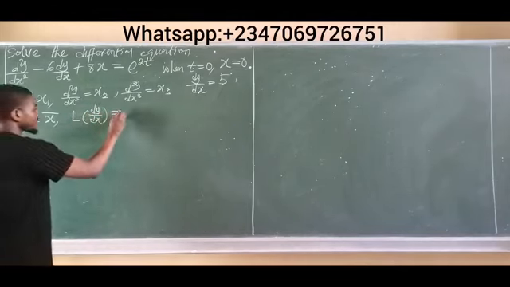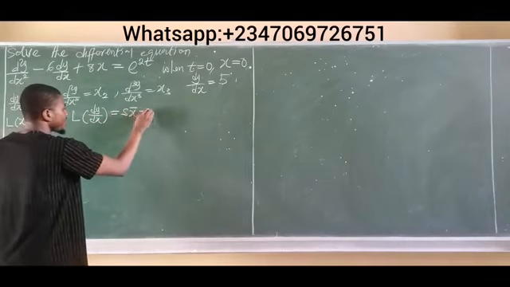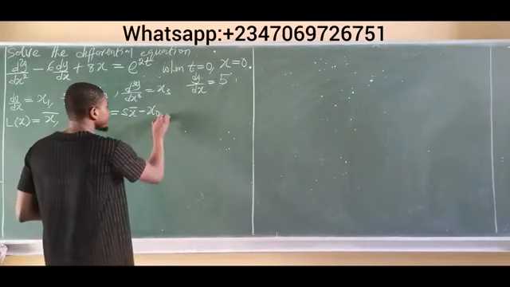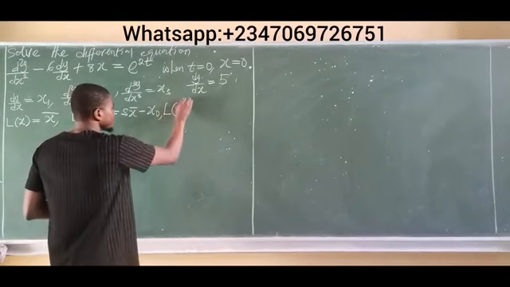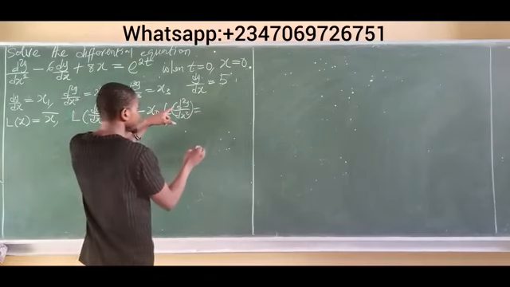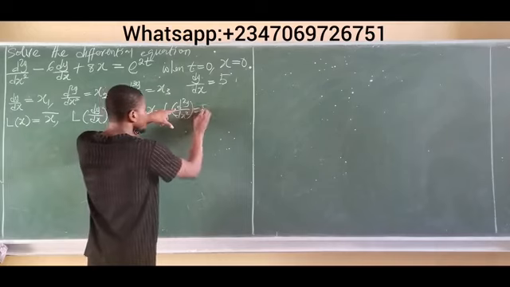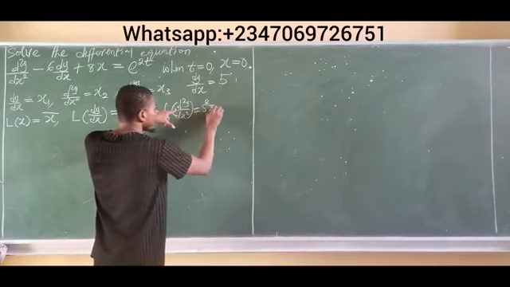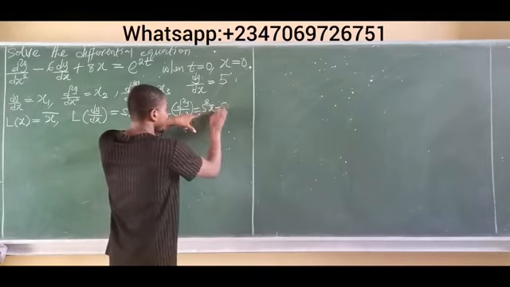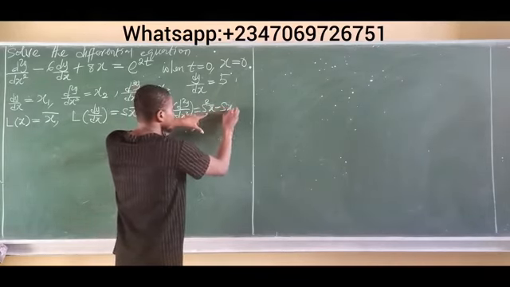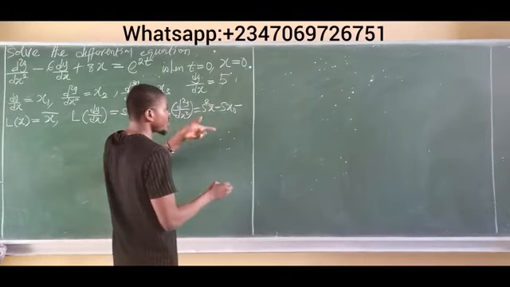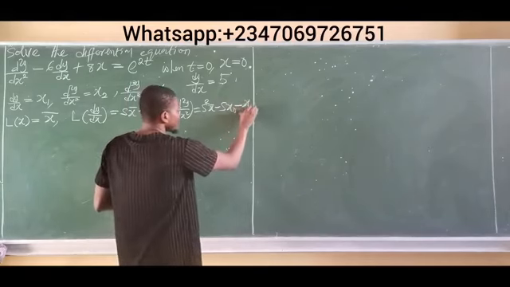This is always taken as s times y bar minus y naught. Also, the Laplace transformation of d squared y/dx squared is taken as s squared times y bar minus, now this s has to reduce to 1, so it becomes s times y naught minus, now I'm exhausting s, so s has to be s to the power of 0, which remains 1, so I'm left with y1.